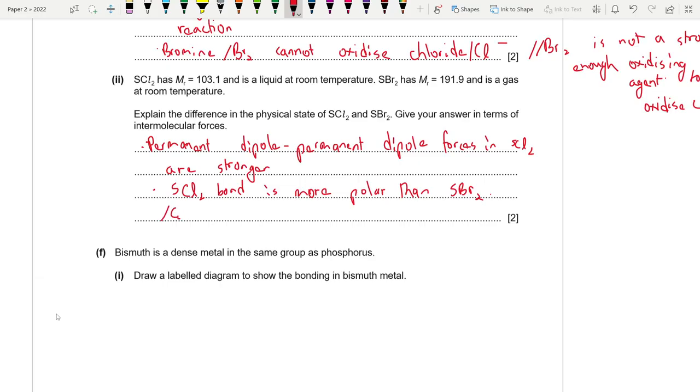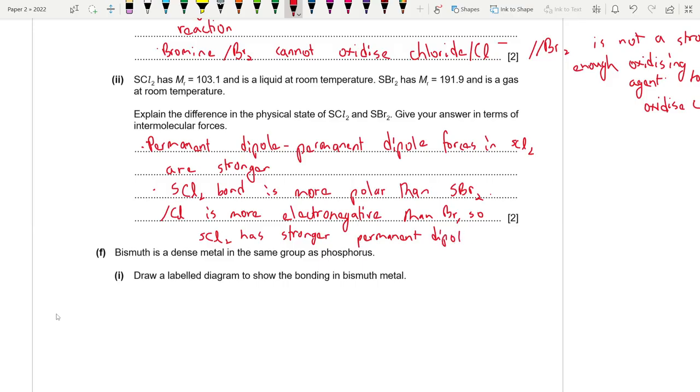Or you could basically say that chlorine is more electronegative. Chlorine is more electronegative than Br. So SCl2 has stronger permanent dipoles.